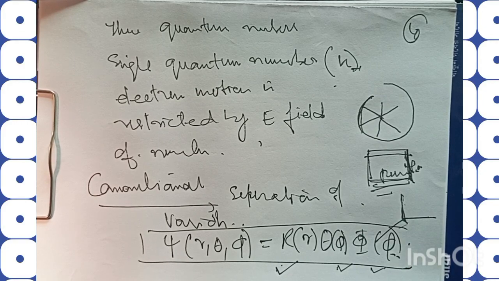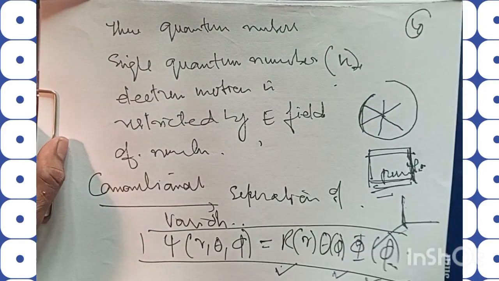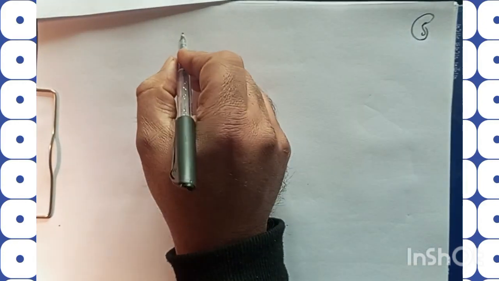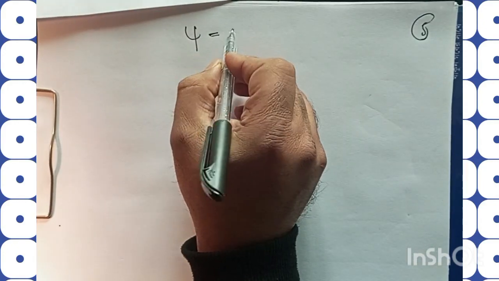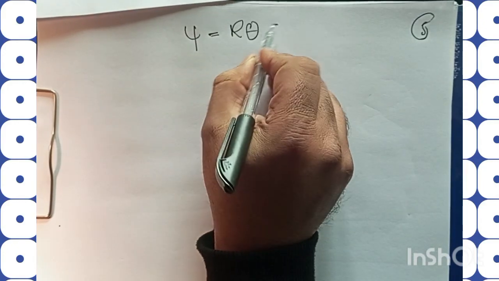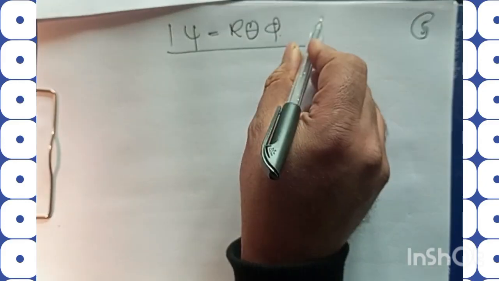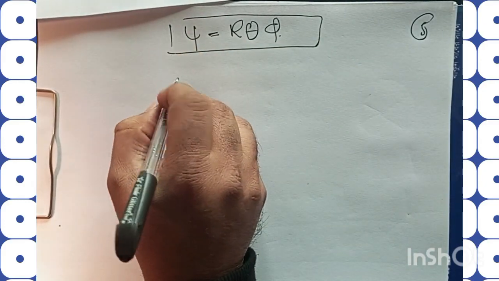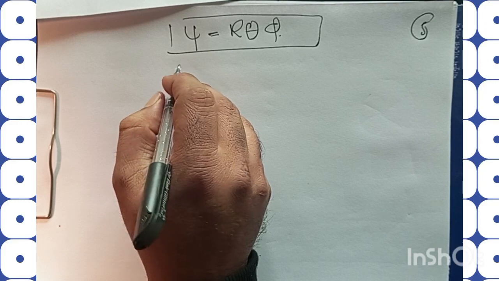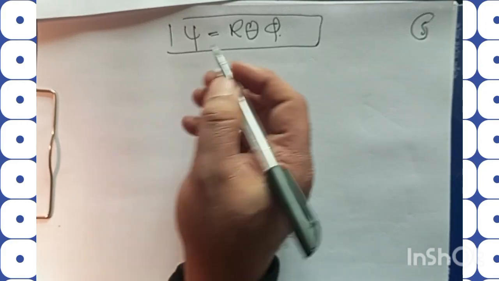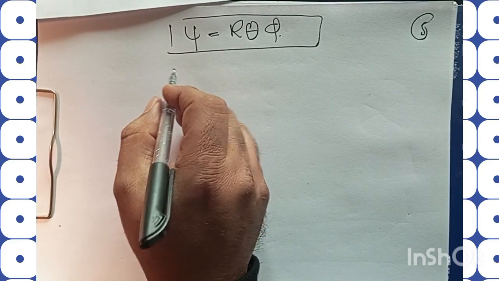So what I'll be doing is taking this psi as R theta phi, and taking the double derivatives and the single derivatives.